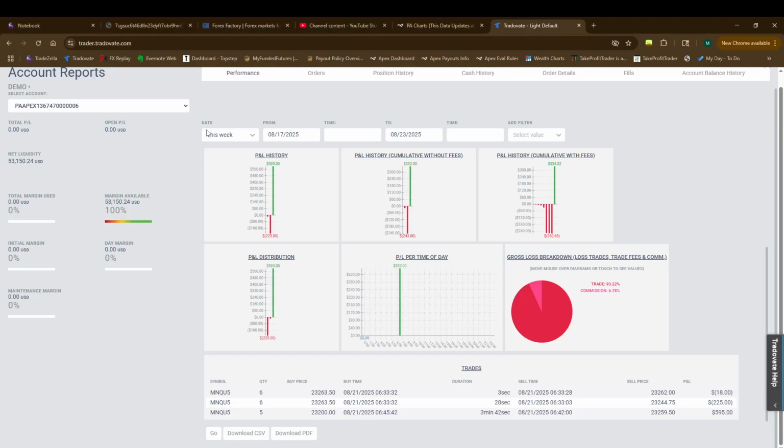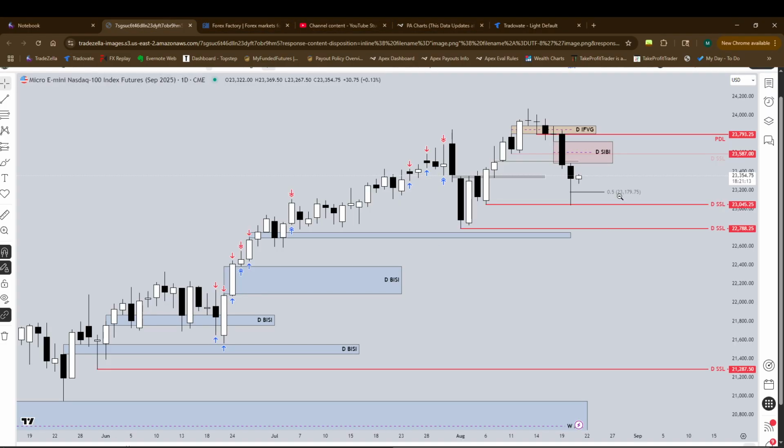No, it wasn't here. 23,529, right? So price was way up over here, and I could have literally just ridden that down for at least 400 handles, because price went all the way down to 23.45 and my entry was at 529. So that's about 500 plus handles that I could have taken advantage of.